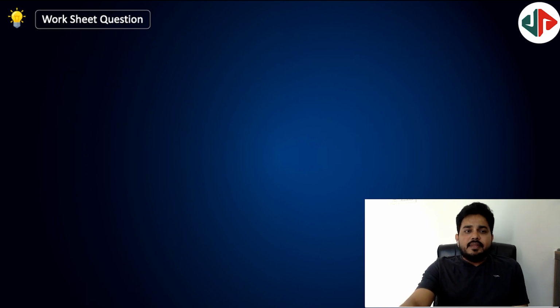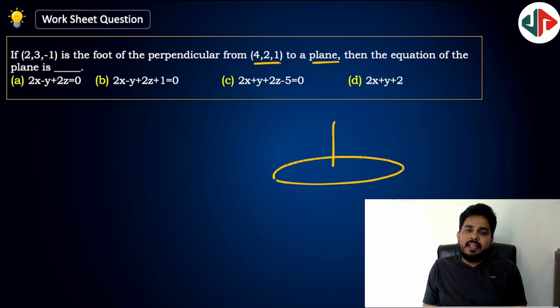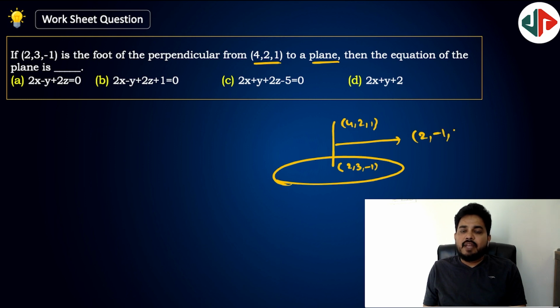Next question is, if 2, 3, minus 1 is the foot of the perpendicular drawn from this to a plane, then the equation of the plane is, this is the plane I need. This point is 4 comma 2 comma 1. This point is 2 comma 3 comma minus 1. What will be the dr? 4 minus 2, 2. 2 minus minus 1, 1 minus of minus 2.